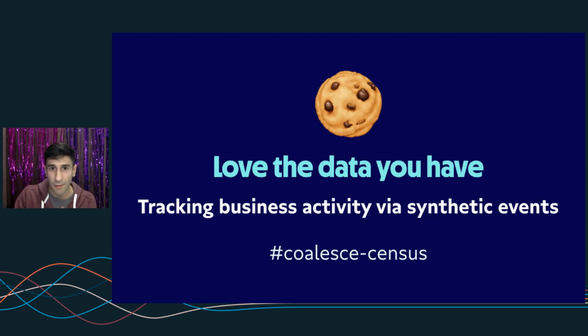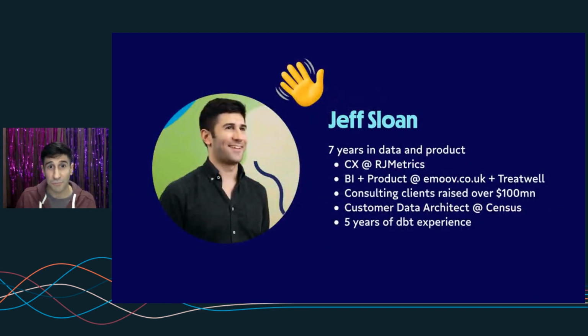But who am I to tell you about this in the first place? I'm Jeff Sloan. I've spent the past 7 years in data and product. I started my career at a full-stack BI software company called RJMetrics. I survived two major acquisitions in the modern data stack space, one called Stitch, and one called DBT Labs, which I love, here at a DBT Labs conference.